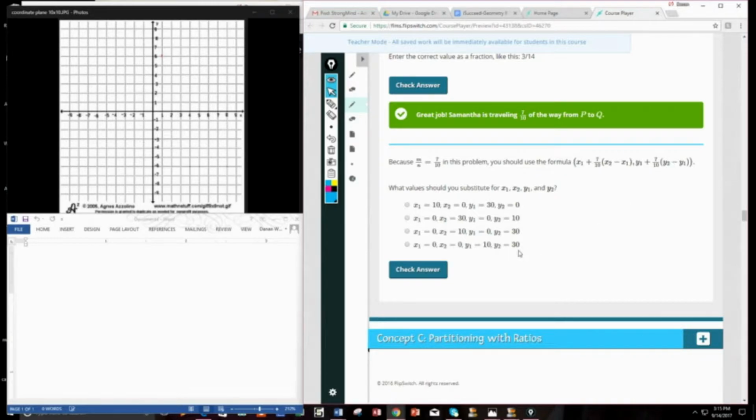What values should you substitute for x sub 1, x sub 2, y sub 1, and y sub 2? Well, this goes back to our starting point, P and Q.